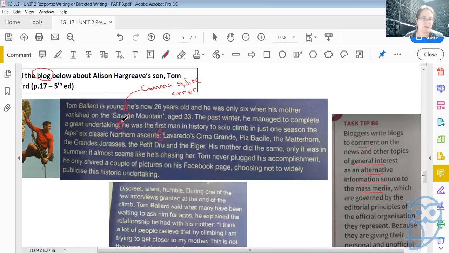You would generally only find one colon, so this needed to be broken up into 2 separate sentences. In fact, this part here, the past winter, he managed to complete a great undertaking, you could just have as a full stop or as a semicolon. He was the first man in history, etc., etc.